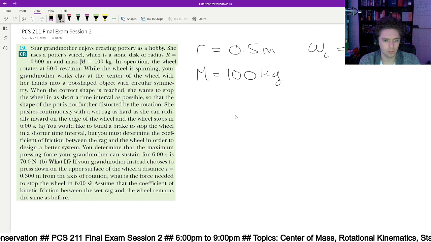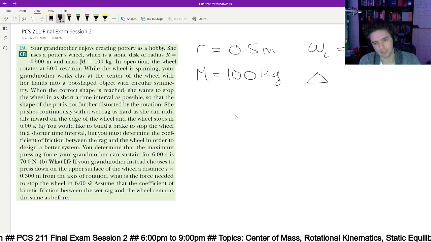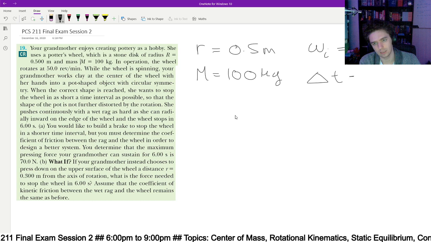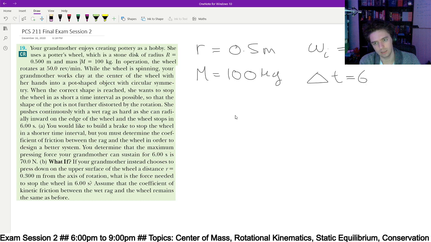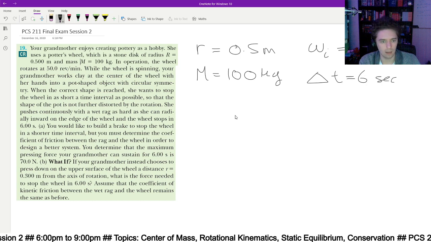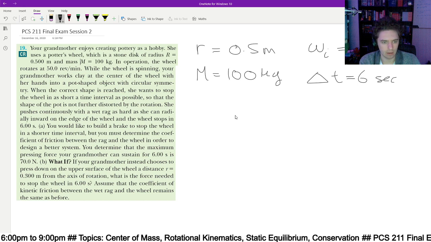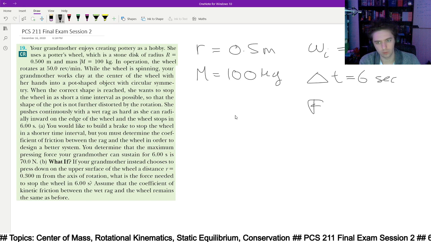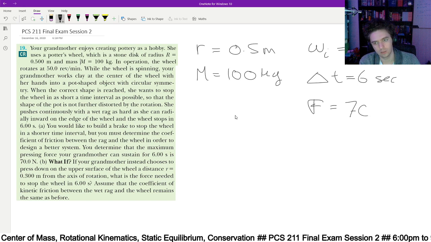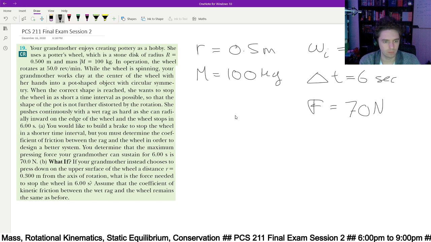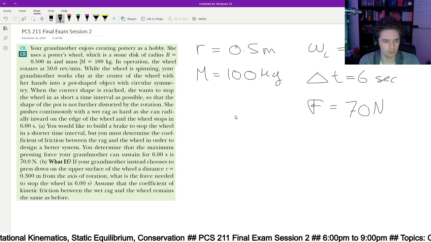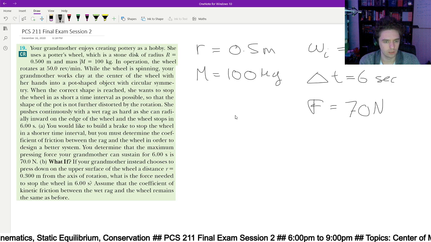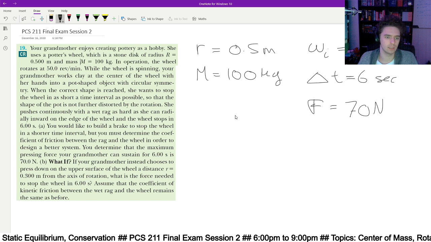And pretty much you want to stop it, so delta t is 6 seconds, by applying a force of 70 newtons radially inward. And we're trying to determine the coefficient.